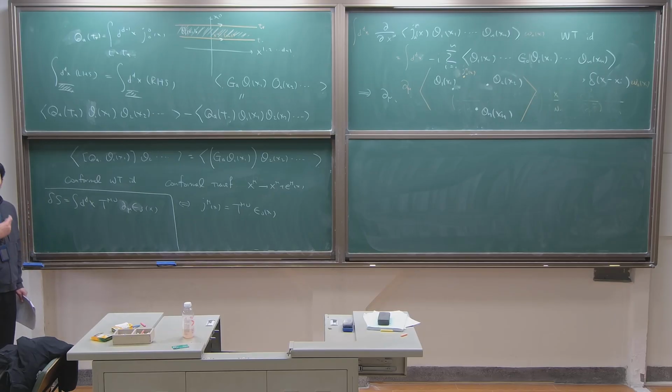So if the action is invariant under any diffeomorphism, that is much more constrained than conformal invariance, because a conformal transformation is a subset of diffeomorphisms.